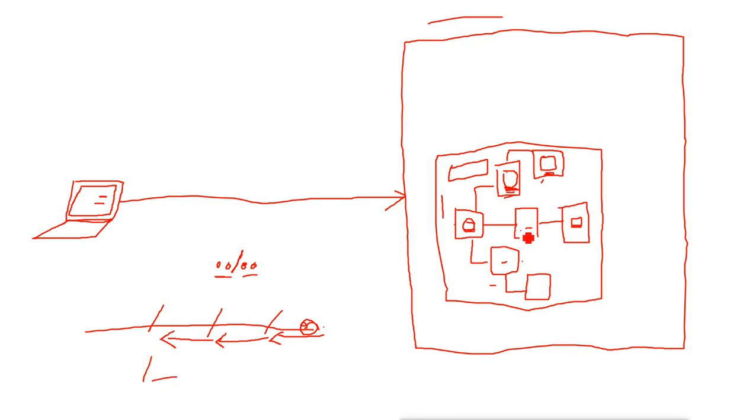It checks whether it has permission to access this directory. If it has, then it will be able to access this one also, and it can get access to this sensitive information by using directory traversal.